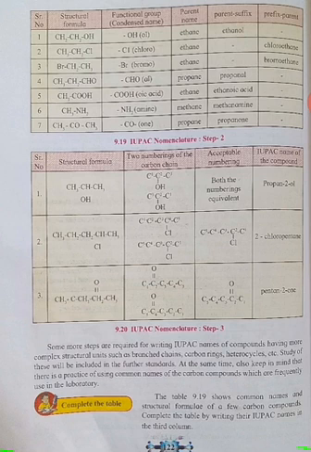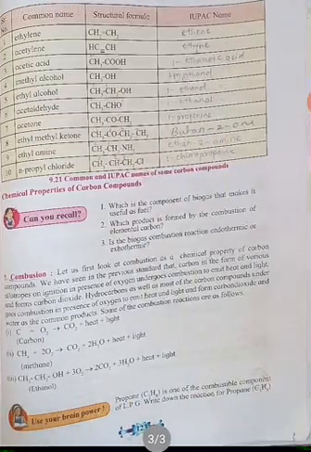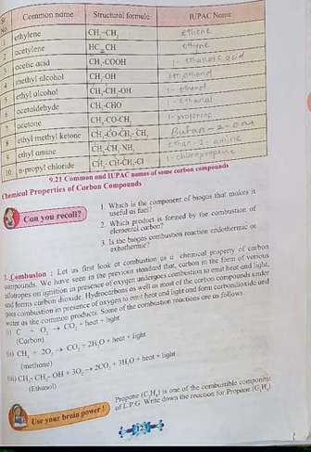At the same time, also keep in mind that there is a practice of using common names of carbon compounds which are frequently used in the laboratory. There is another table. Here in table 9.21, the common and IUPAC names of some carbon compounds are given. Here we write the common names of some compounds, there is a structural formula and you have to write the IUPAC name.